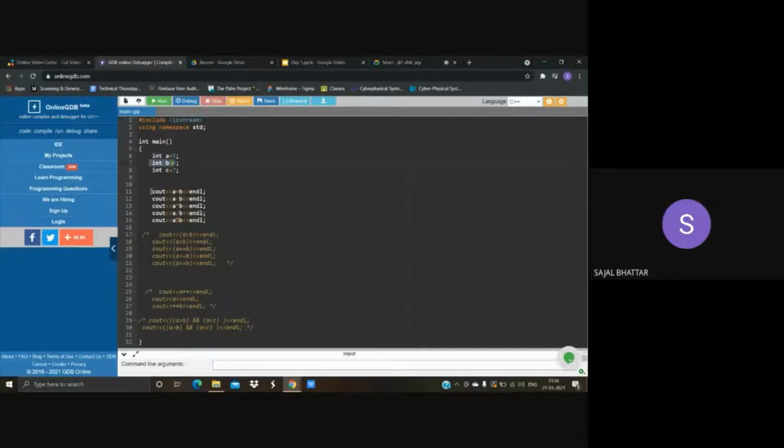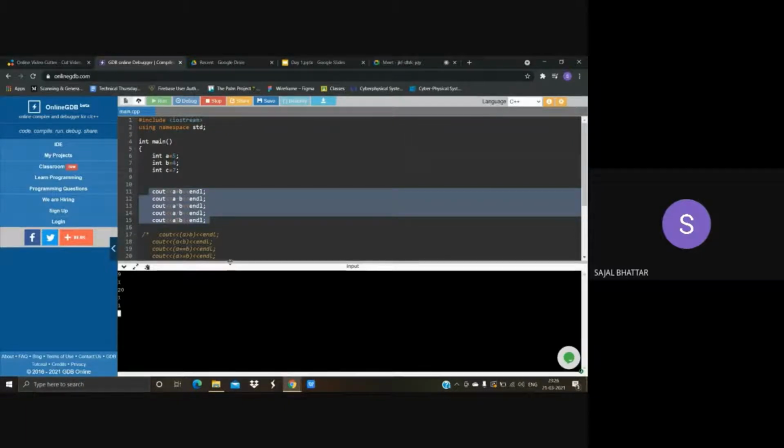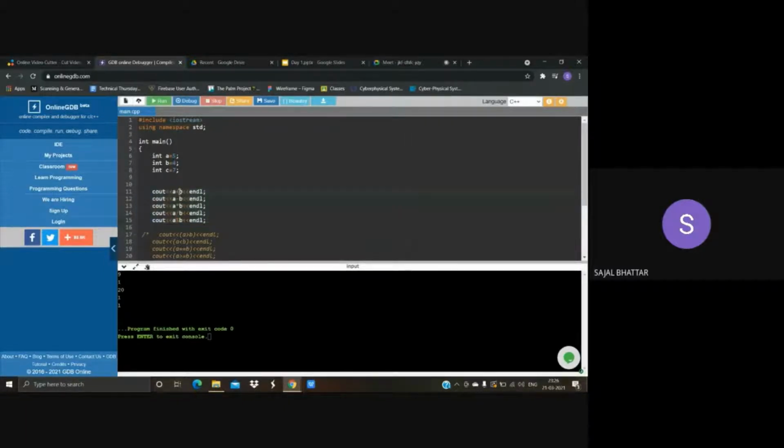And we are going to perform the arithmetic calculations using arithmetic operators on all of these variables. First I've used the plus operator which does the addition, then I've used the minus sign which does the subtraction, then I've done the multiplication, and then we have division, and then we have modulus.